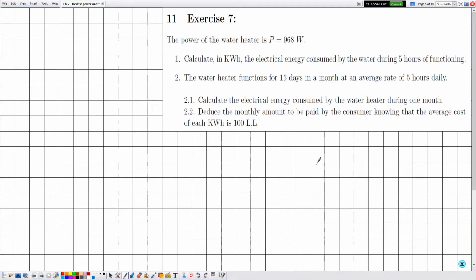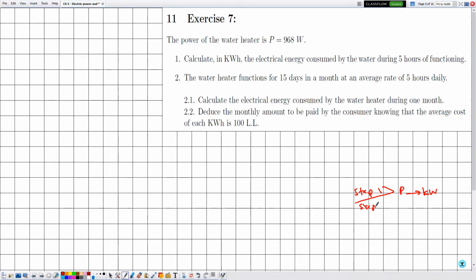Now in exercise number 7, they are telling me the power of the water heater P is equal to 968 watts. So if we take a look at this exercise overall, we notice that we are interested in determining the electric bill, and let me write here on the scratch the different steps that we follow in order to determine the electric bill. Then step number 1 is to convert P into kilowatts.